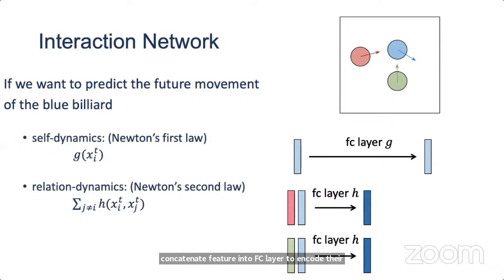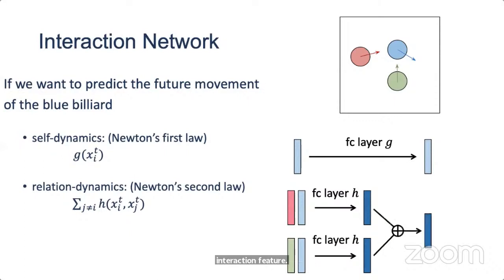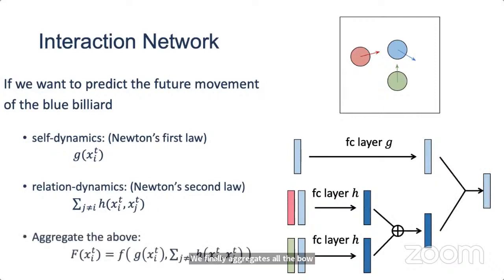We then sum all the interaction features together to encode the blue ball's interactions with all the other balls. We finally aggregate both the self-dynamics and the relational dynamics together as the output of the interaction module. So the final feature is updated after one interaction time step between all the other balls.